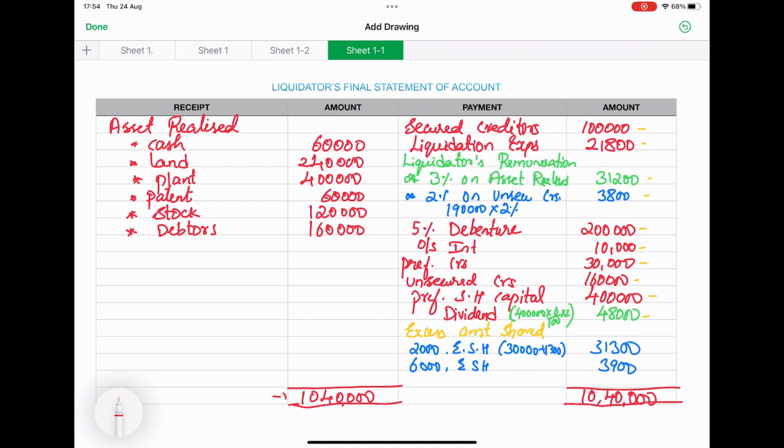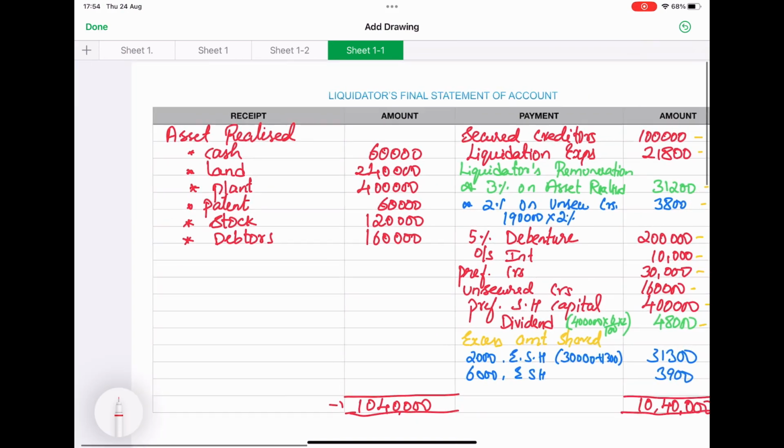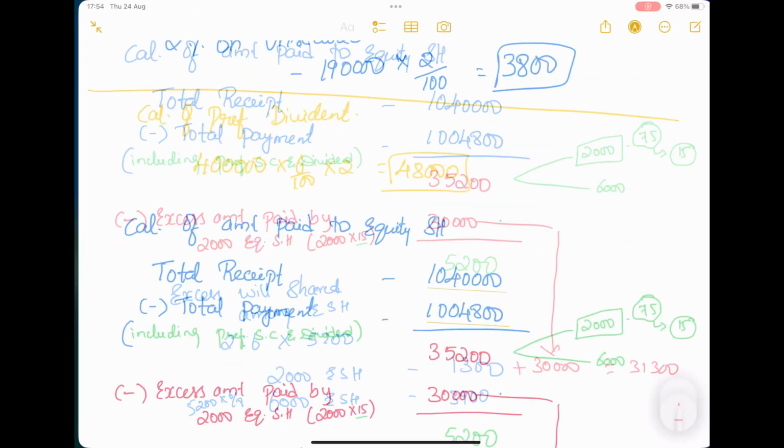Here a little part we calculated very newly. Here we have considered the difference for paying to the equity shareholders. In the question they have not mentioned it; we only understood the concept and solved it.